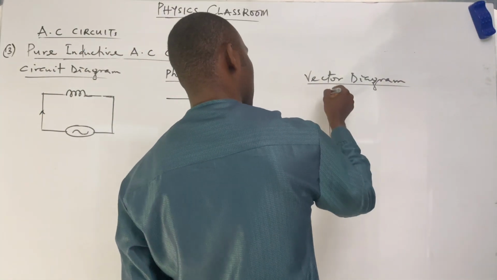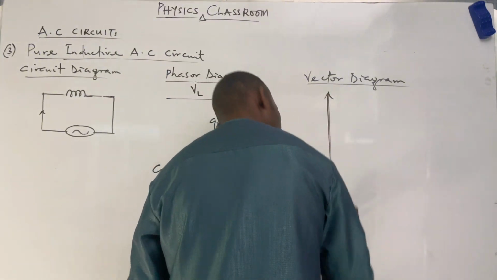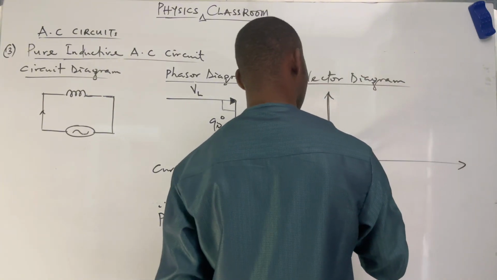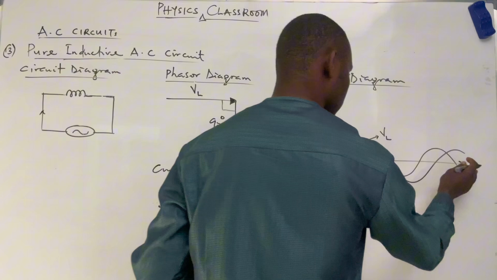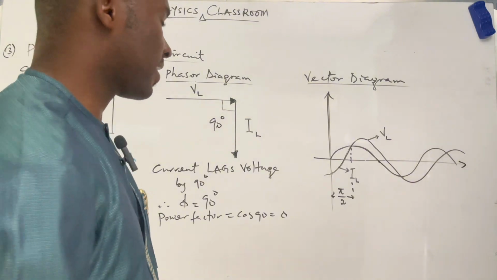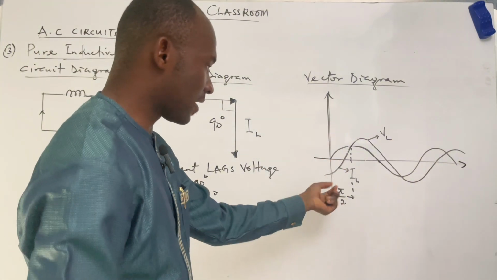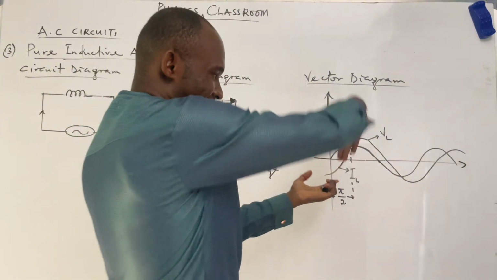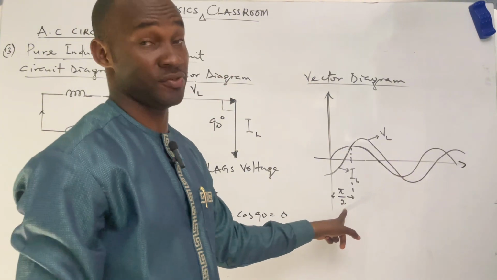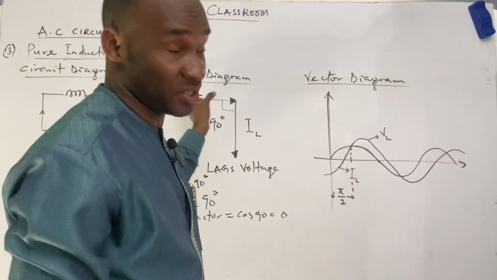The vector diagram will be expressed as this. Yeah, this is the vector diagram. As shown in the diagram, we know that the current lags behind the voltage by 90 degrees, as expressed in the phasor diagram as well.